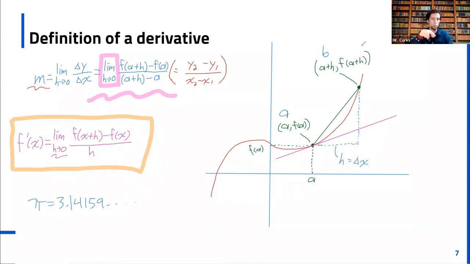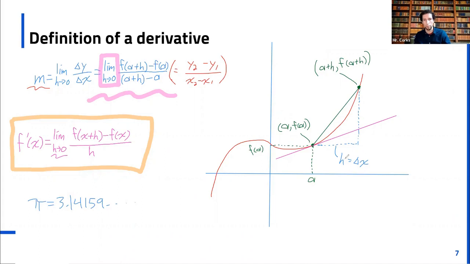But if we use the same parts, f of a and f of a plus h, if we find a way to connect these two values mathematically, then we can do simplifying and all the stuff that we did before. So that's the motivation for it.